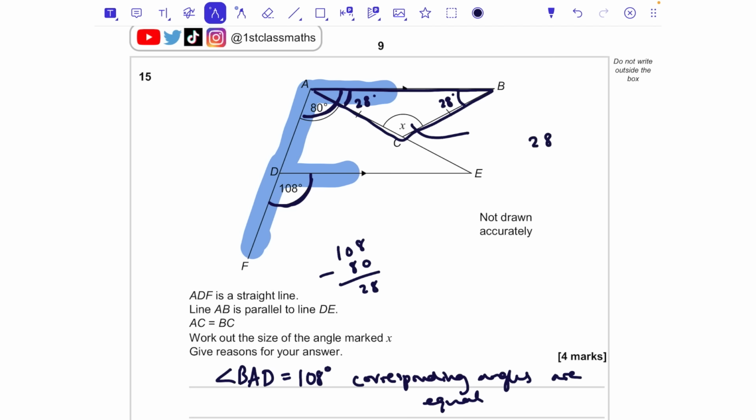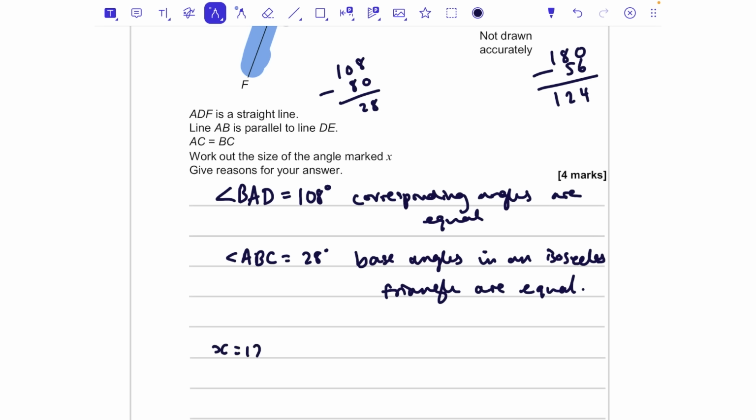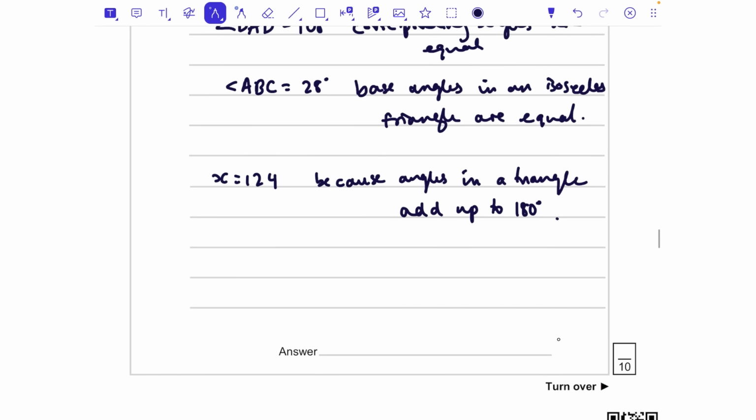So I'm going to do 28, add 28, which is 56, and then 180, take away 56 is 124. So we know that X equals 124 because angles in a triangle add up to 180 degrees. So the answer we're looking for is 124.